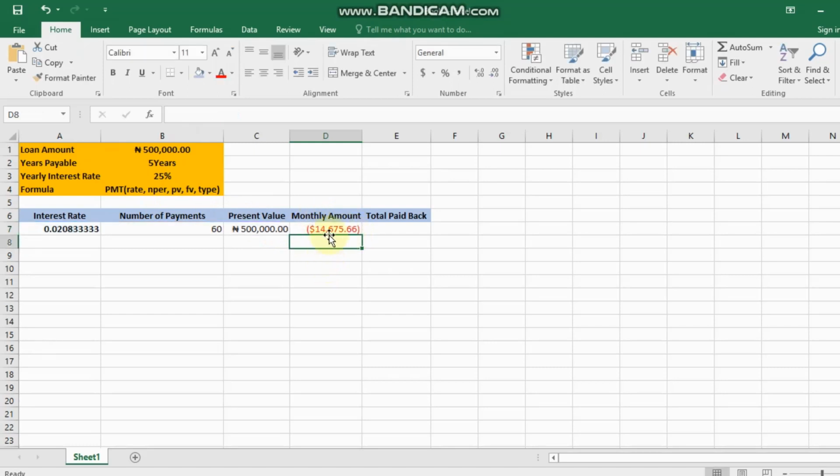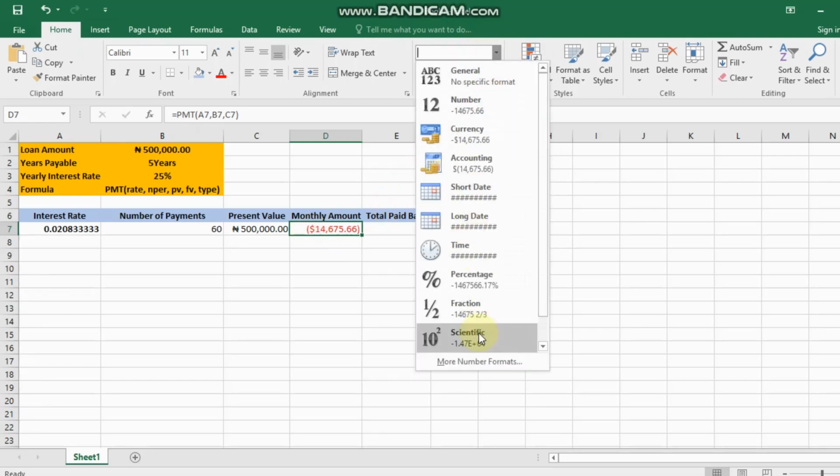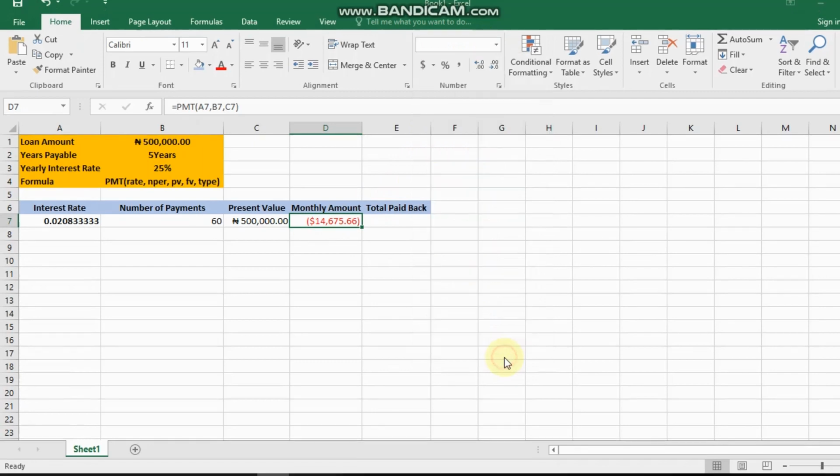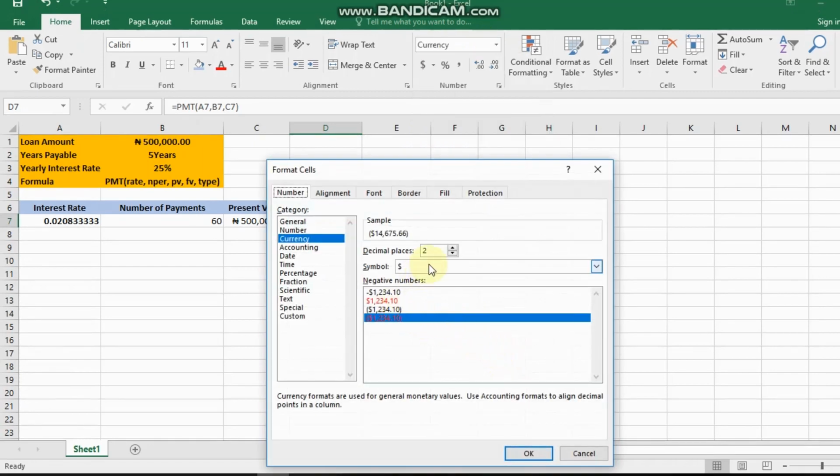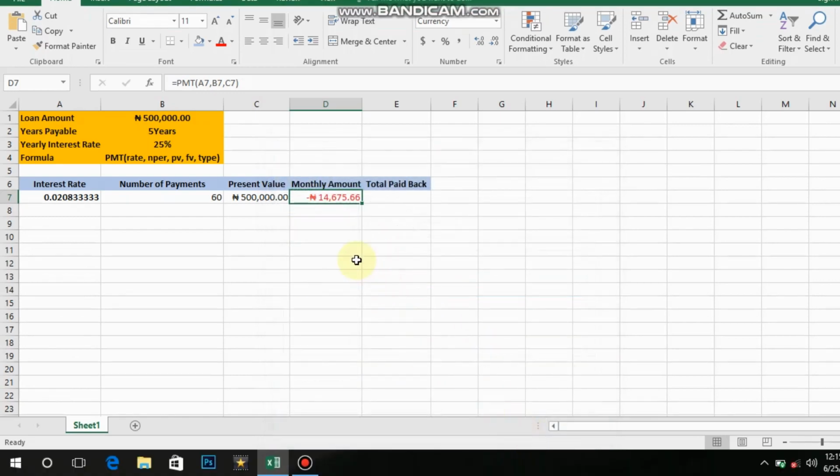Since we didn't format this cell to be in Naira, we can see that it is in dollars, so we have to change it. Now we can see we have a minus sign before the Naira.